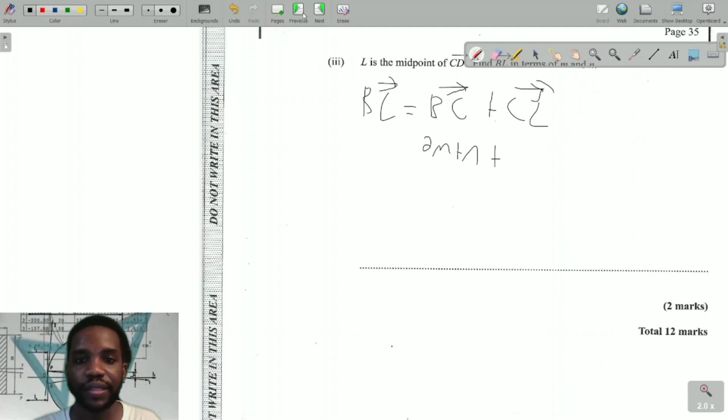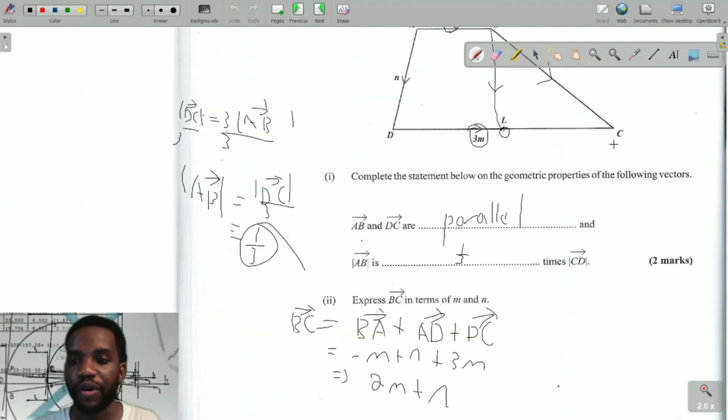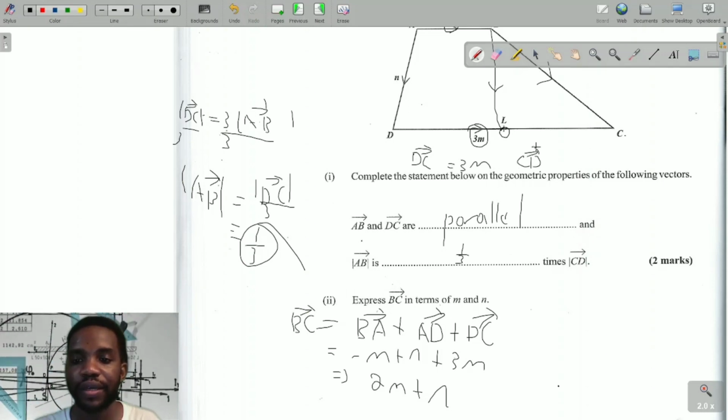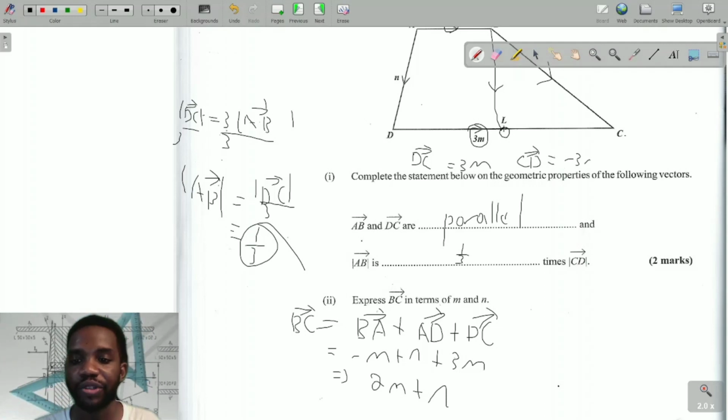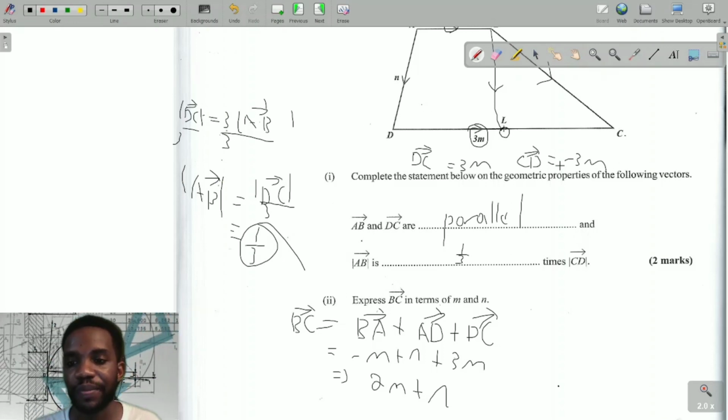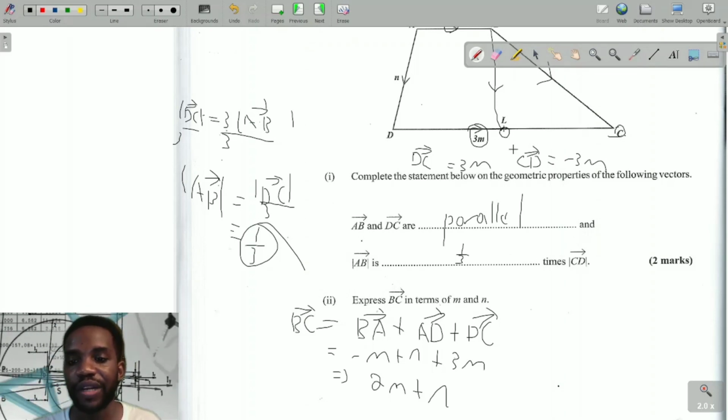Alright, good. If I'm going from C to L, that is half the route from C to D. But I don't know what CD is. I know what DC is. So we know that if DC is equal to 3m, then of course CD must be equal to negative 3m. Now if CD is negative 3m and L is halfway, it means that if I'm going from C to L, I'm going half of going CD.